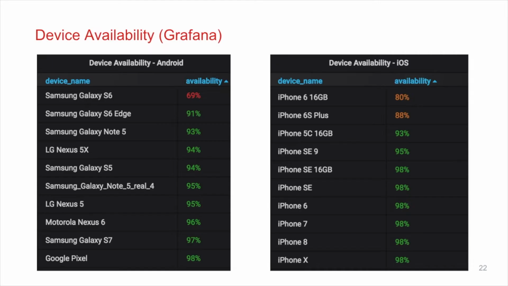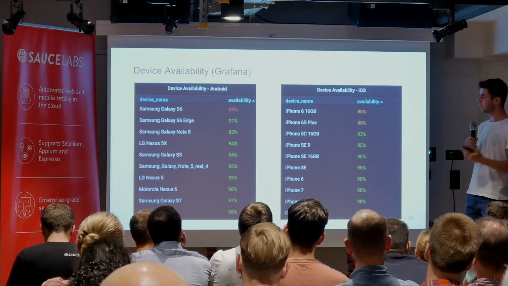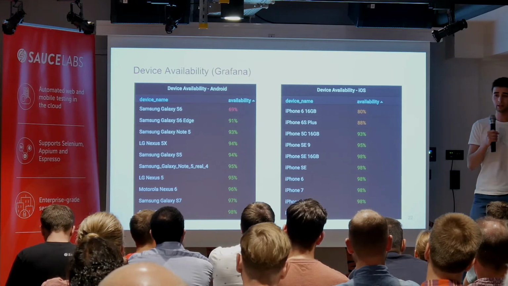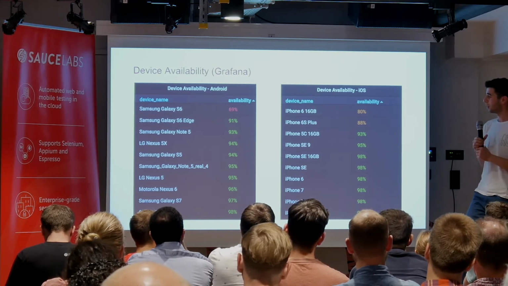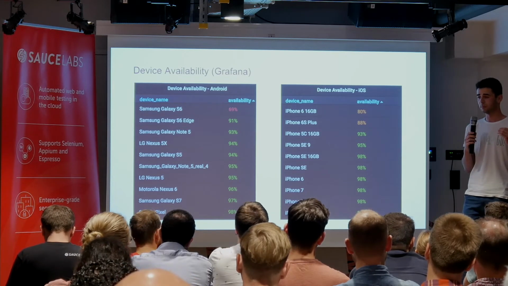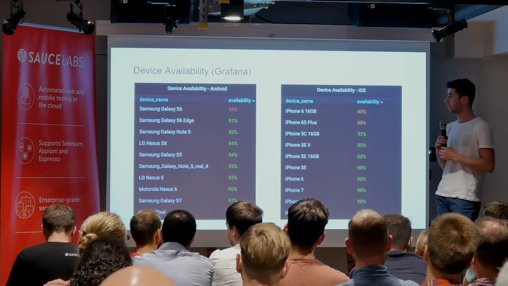This is another example from Grafana, and it's showing device availability. You can say, I can use my phone always, it's always available, but this is actually not the same at Sauce Labs. We are using devices in a different way, not the way they are designed for.